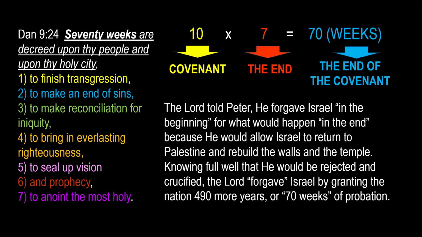He forgave Israel in the beginning for what would happen in the end, because he would allow Israel to return to Palestine and rebuild the walls and the temple, knowing full well that he would be rejected and crucified. His forgiveness granted the nation 490 more years of time, which he refers to as a period of 70 weeks.